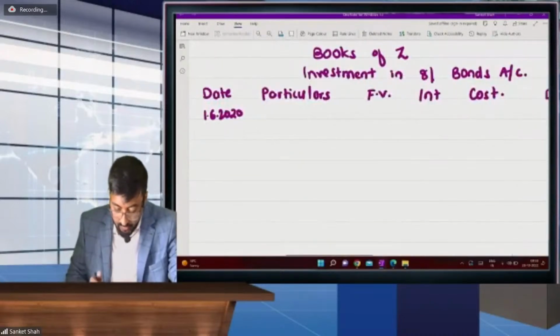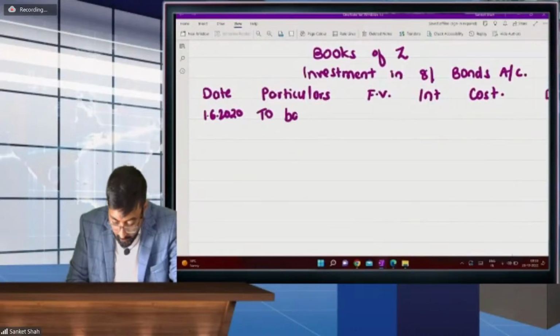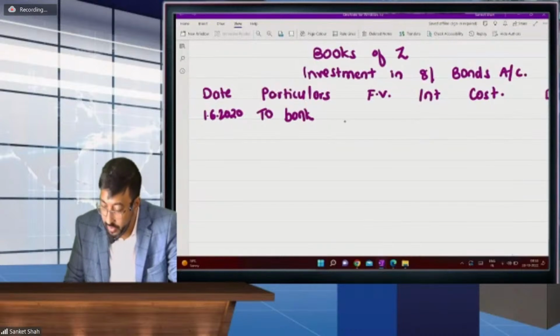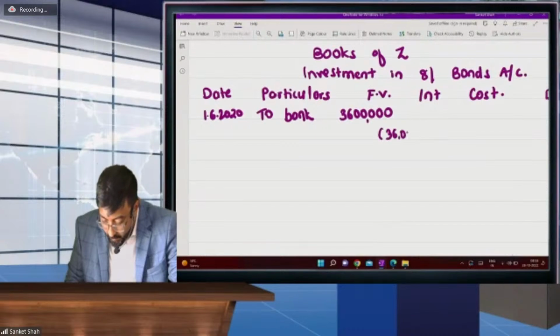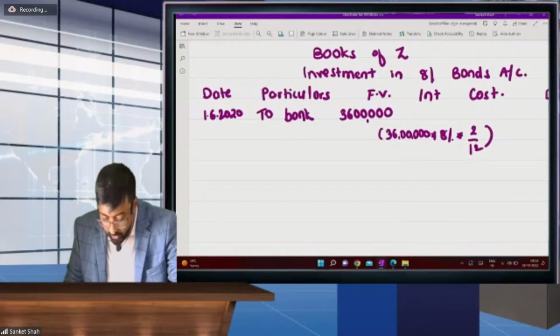So to bank, face value is 36 lakhs into 8% into 2 by 12. Why 2 by 12?